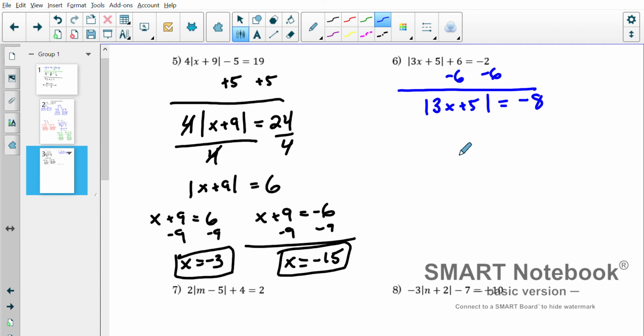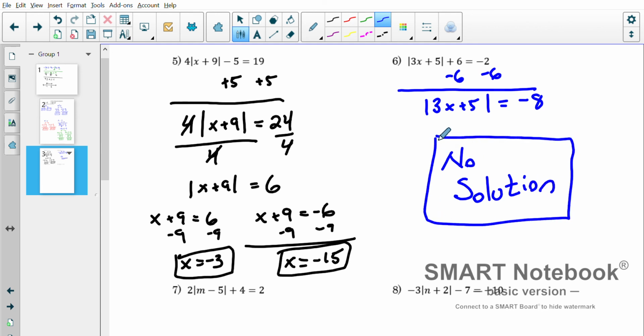If you measure the distance from where you're sitting to the nearest door in the room, the value cannot be negative. Negative can signal direction, okay, but here we're measuring distance or how far. So absolute value cannot be negative. Anytime you get rid of everything on the outside of your absolute value symbols and you get it equals to a negative number, there is no solution. Absolute value cannot be negative.